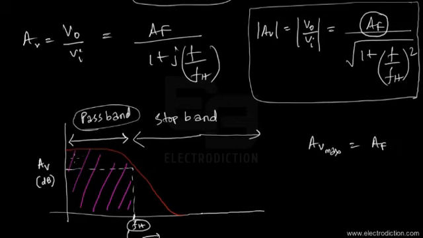Here is the maximum gain mark, AF. At fH the gain falls to 1 by root 2 times its maximum value. So the gain of the signals at fH is equal to AF divided by root 2.